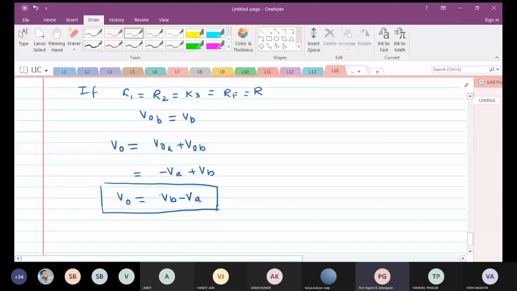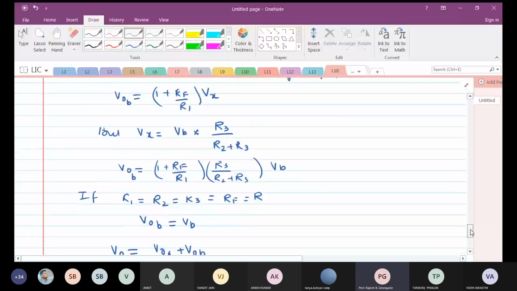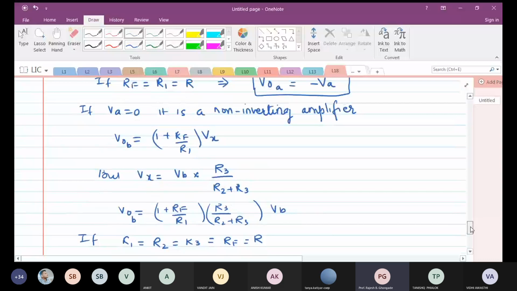Now, one very basic problem is associated with this circuit. Can anyone tell me what this can be?